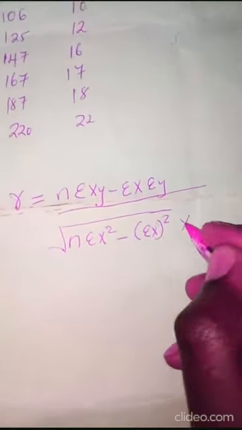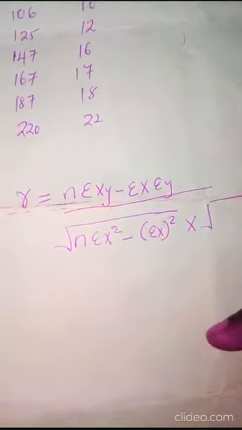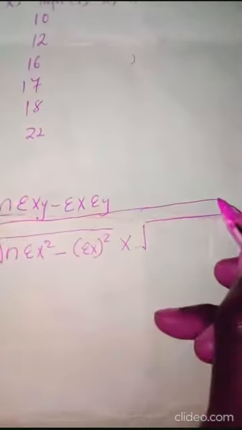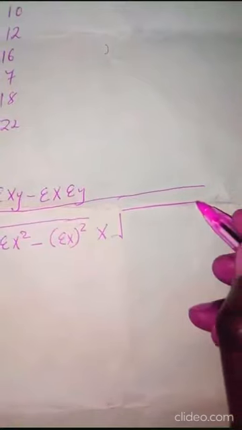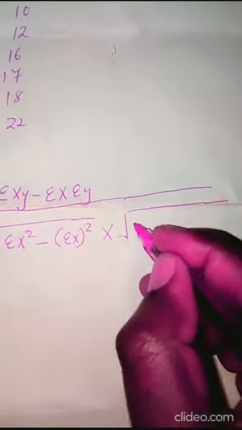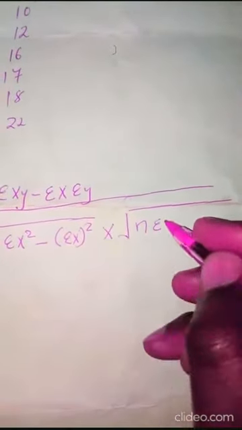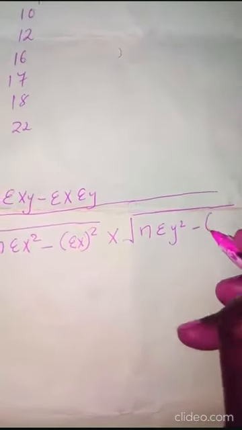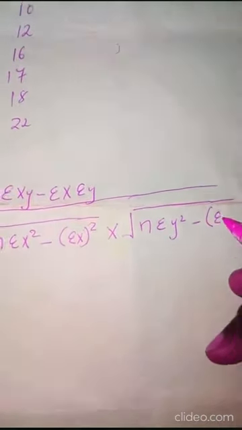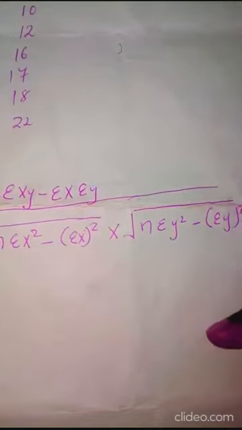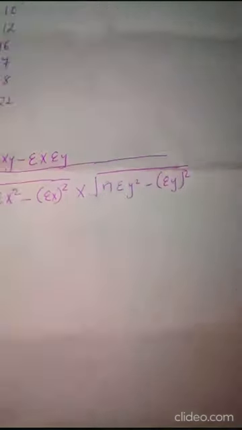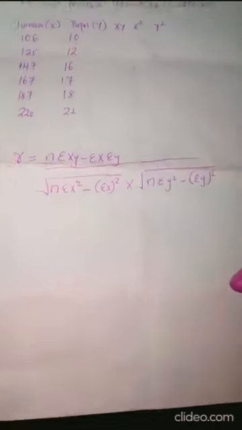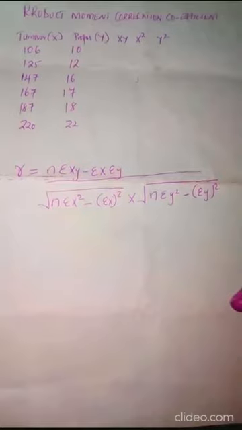Then you're also going to multiply by this, which is still under the denominator: n summation of y squared minus, small bracket, summation of y squared. So that is the formula for getting a product moment correlation coefficient.